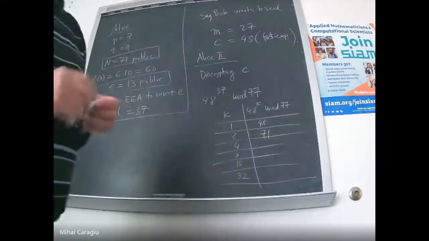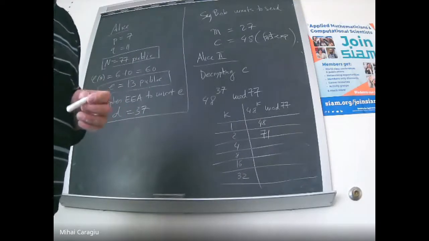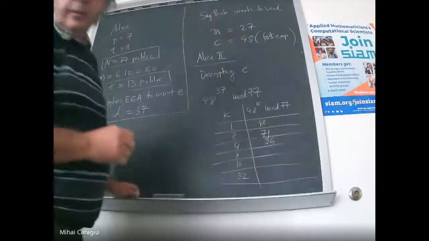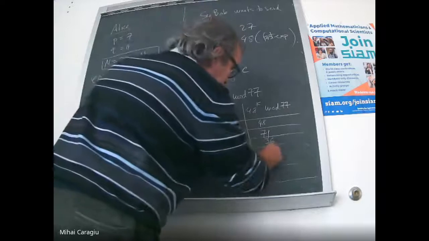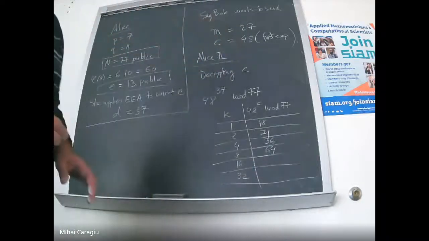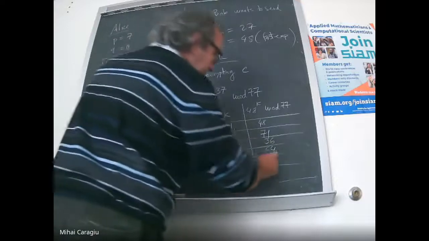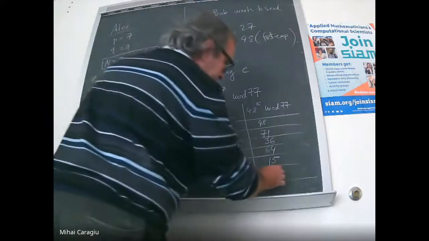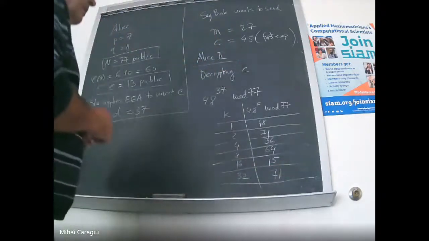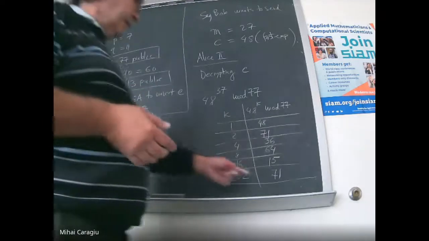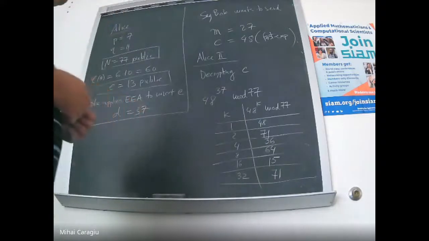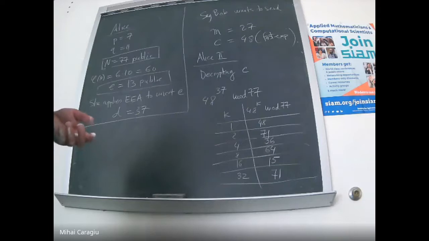Again, you double check those things. 71, 36, 64, and then we get 15, and then we get 71. You see that if we had continued, after 71 we would get 36 again, so everything cycles at this moment. It's a nice example of cycling in this fast exponentiation algorithm.